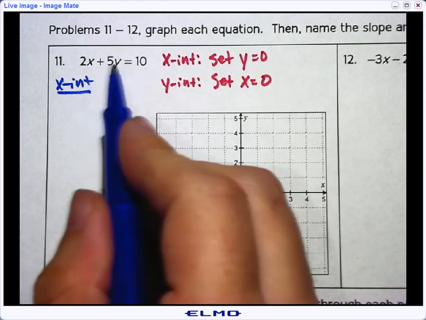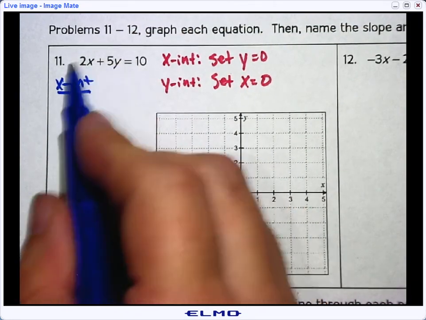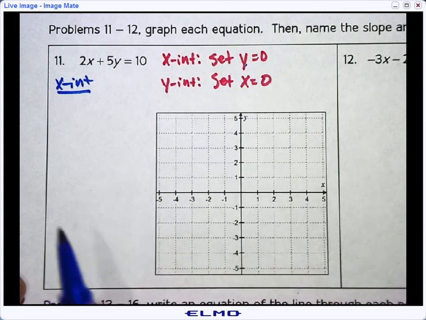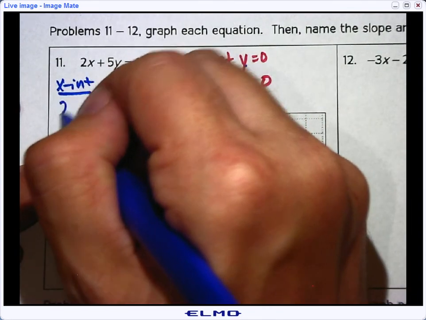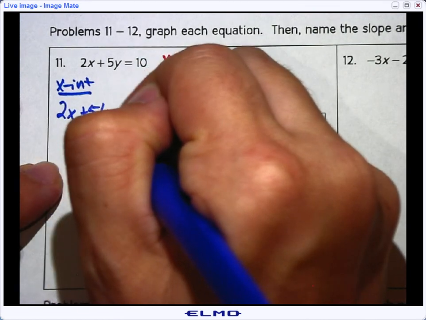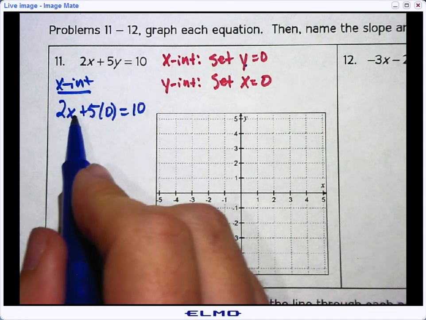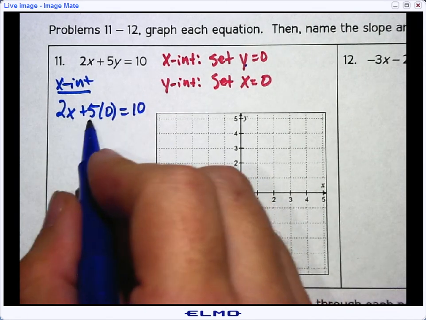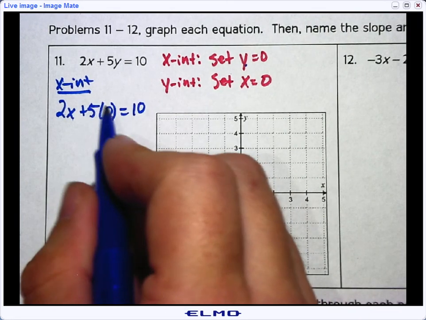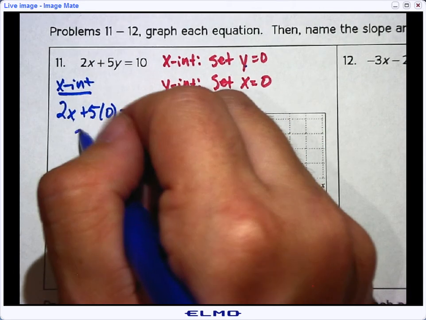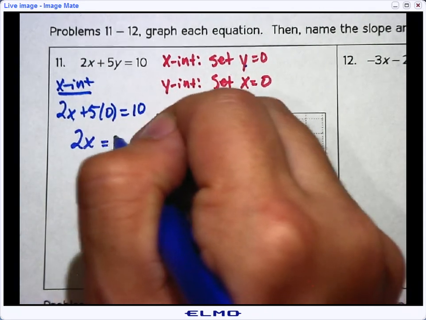So I'm taking the given equation and I'm writing it just like it is, except for y, I'm plugging in a 0. So this turns into 2x plus 5 times 0 equals 10. We work this out to get the x by itself. Well, 5 times 0 is just 0. 2x plus 0 is just 2x.